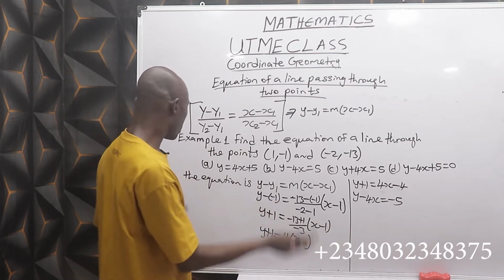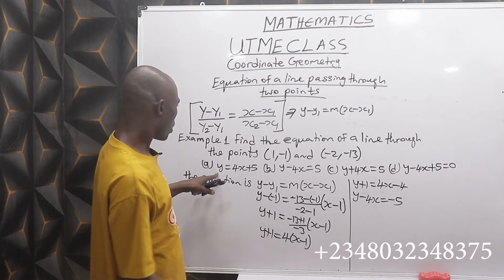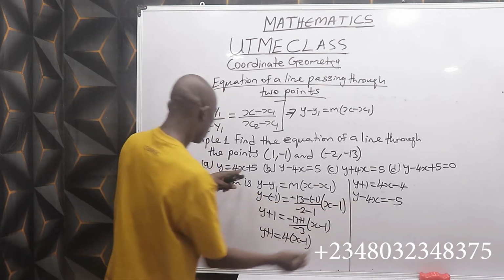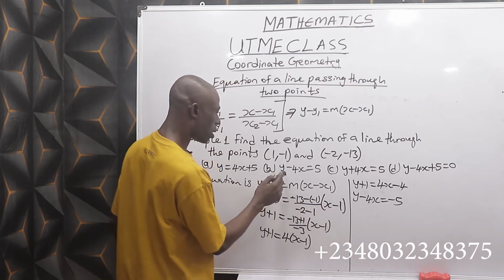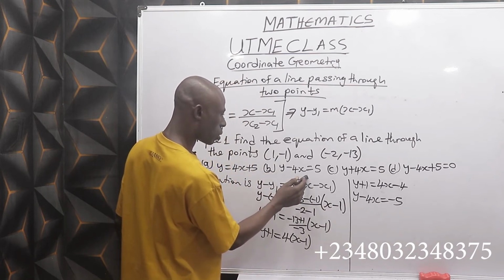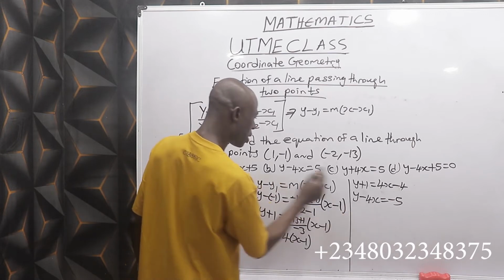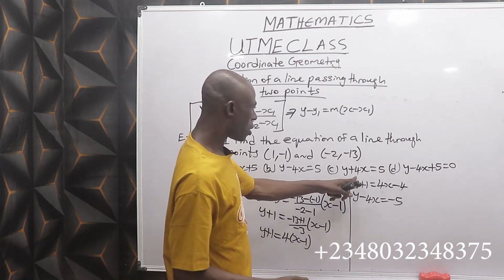Let's see which option is like it there. A, if you bring this in, it will be negative 4x equals 5. No, this is negative 5. It's not correct. This is not correct as well, because y minus 4x equals 5, and this equals minus 5. That's not correct.